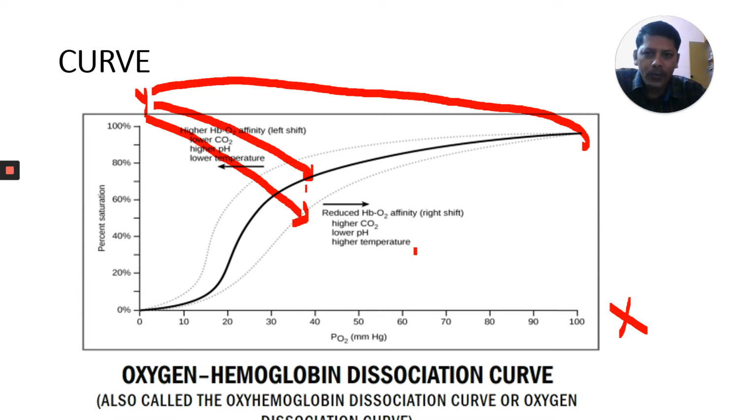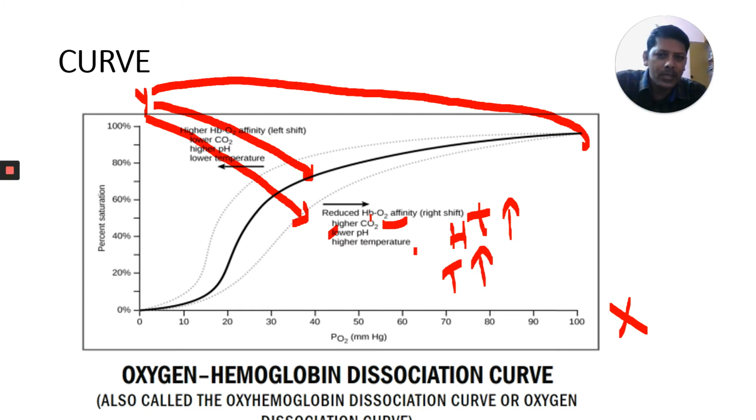It has shifted away from the y-axis towards the x-axis because the conditions here are high PCO2, that means high CO2, a lower pH, that means high H plus, and high temperature. Because of that, there is reduced HbO2 affinity and a right shift.